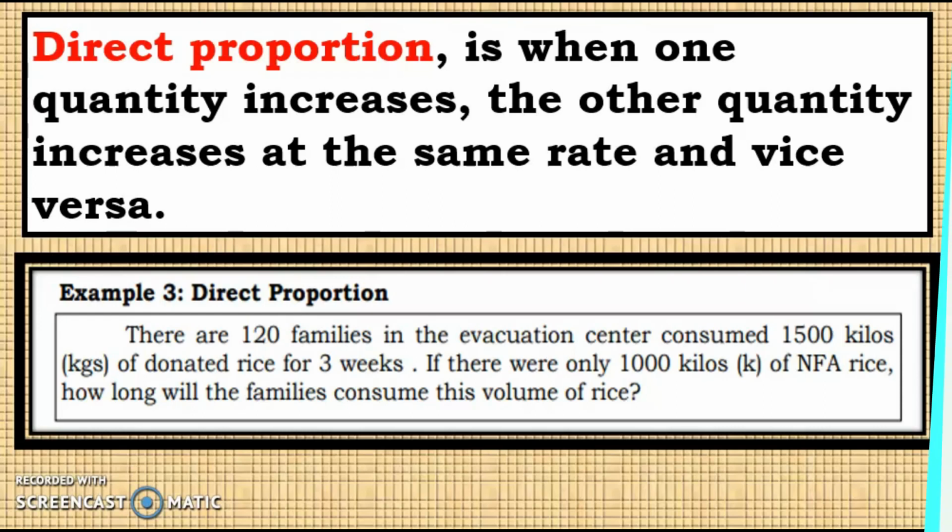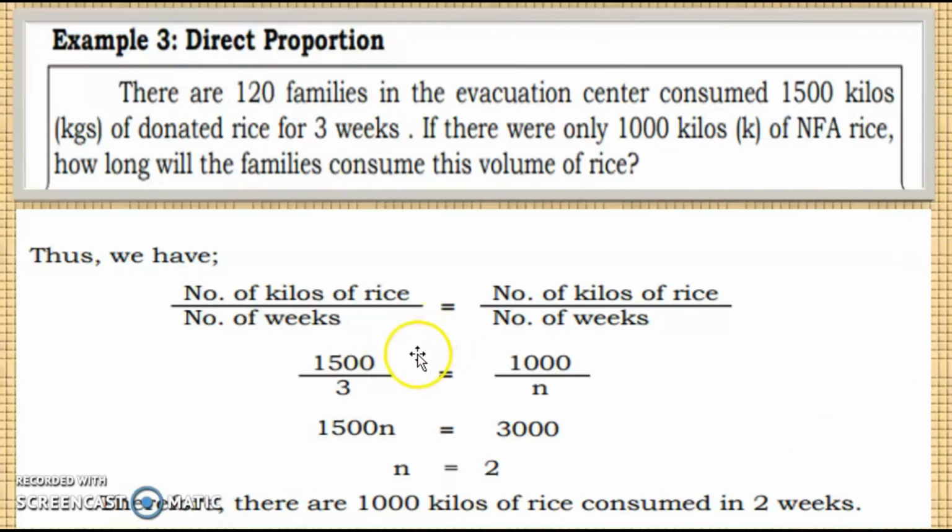How will we compute? Okay, so what we see now is the solution. From the given problem, the first ratio that we see there is 1,500 kilos for 3 weeks.